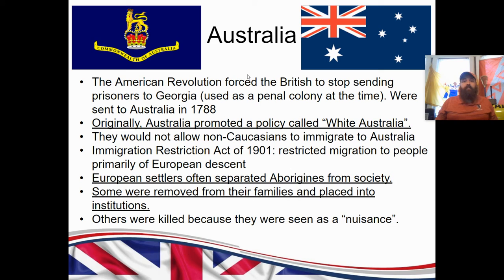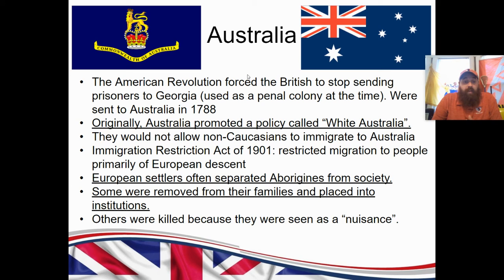And they were sent, so in 1788, they obviously can't send them to Georgia anymore because America's like, we don't want your criminals. So they decide we're going to send them all the way to the other side of the world. And apparently they held their criminals in much higher esteem than the people who actually lived in Australia because they promote a policy that was called White Australia.